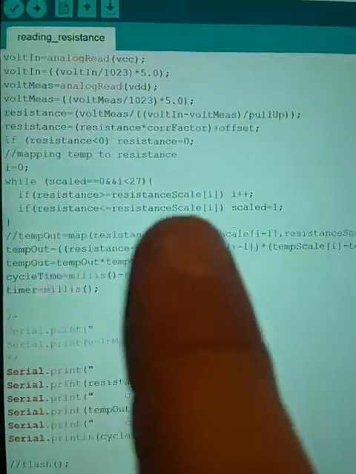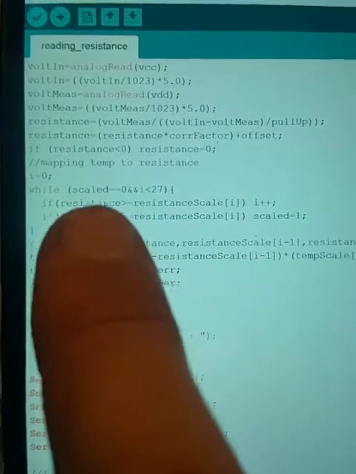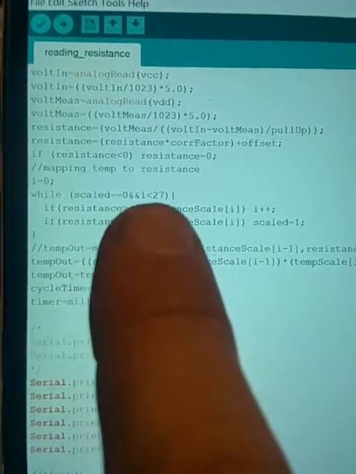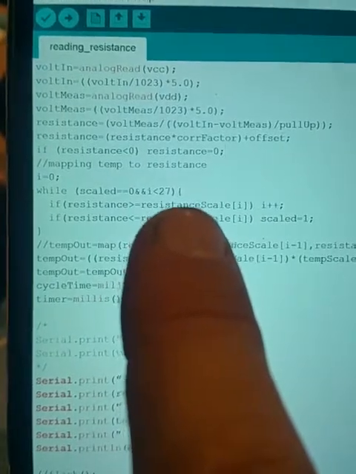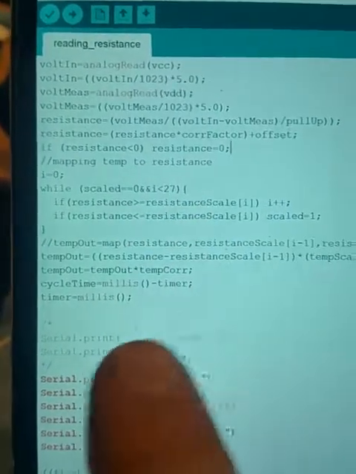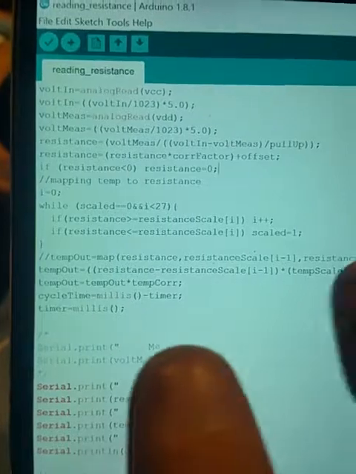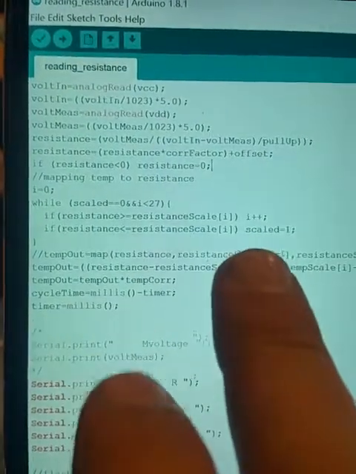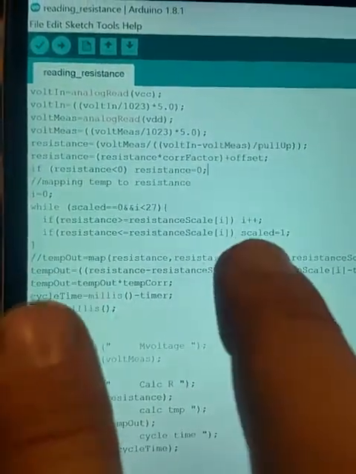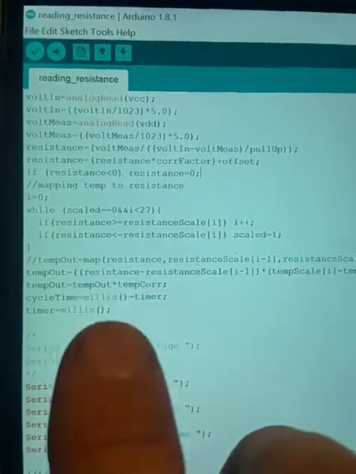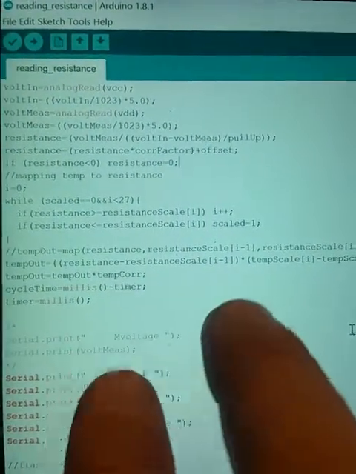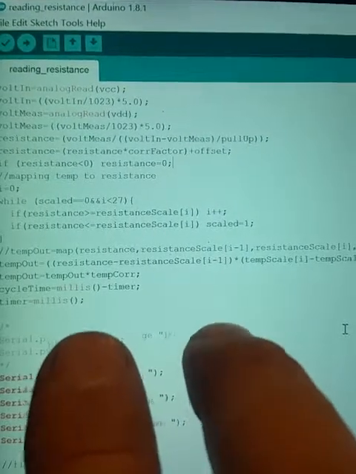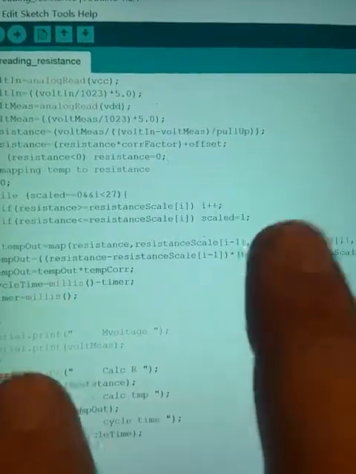This goes through the resistance scale, through all 27 values, and tries to find the resistance that's just above the measured one, and then it uses the value above it and the value below it, and scales between those. So for example, if I have 0 to 5 volts, I can scale that between the numbers 1 and 10.